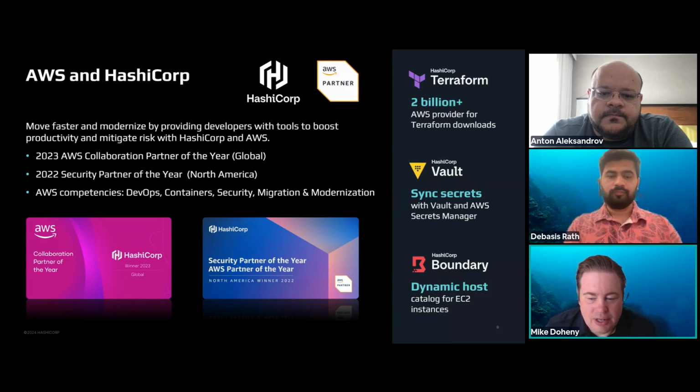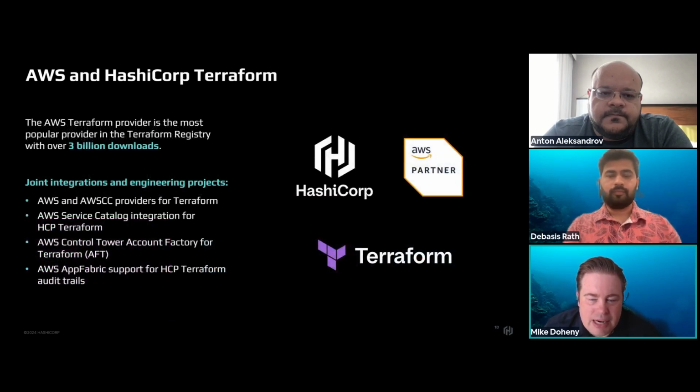And to go a little bit deeper, if you go to the next slide, here are the highlights between AWS and Terraform. As we mentioned, the AWS provider for Terraform is highly downloaded, and that's been really recognized by our customers, but we're trying to build out new solutions and help customers scale.